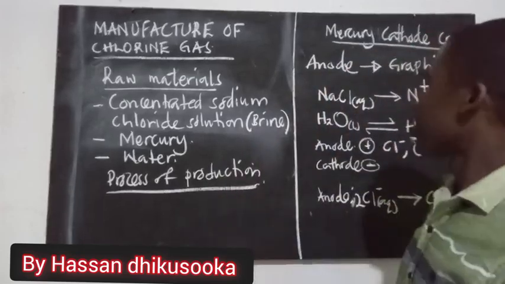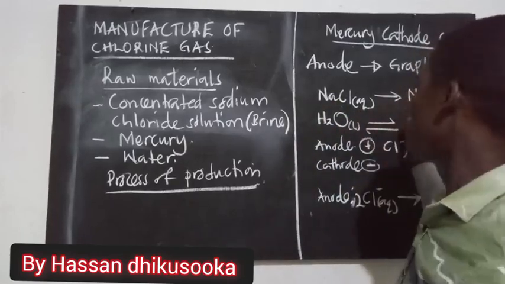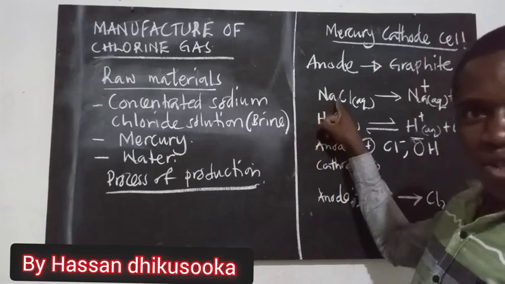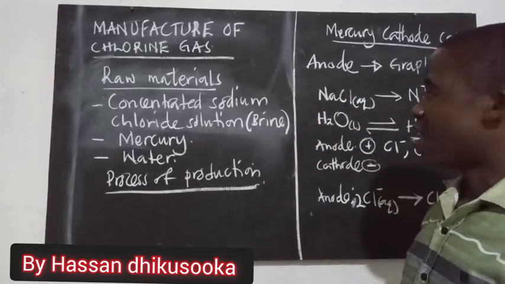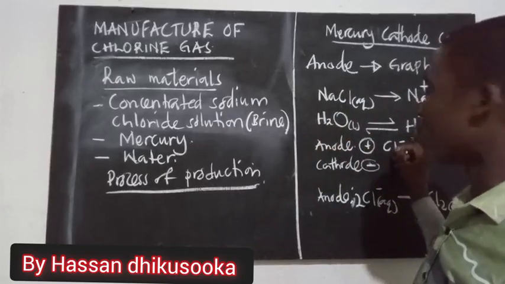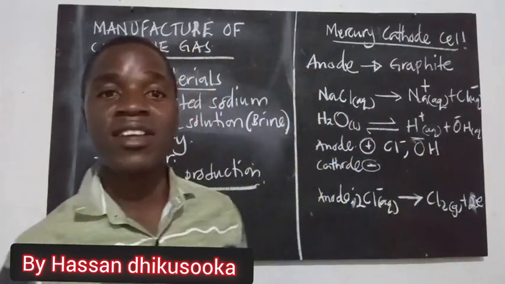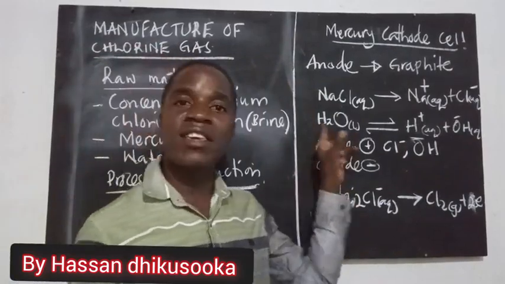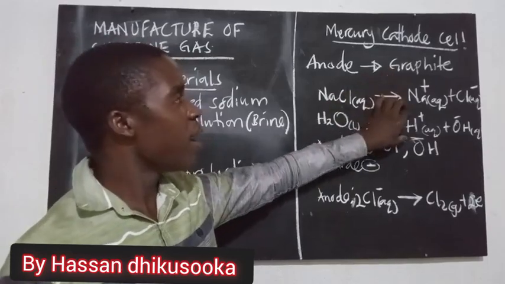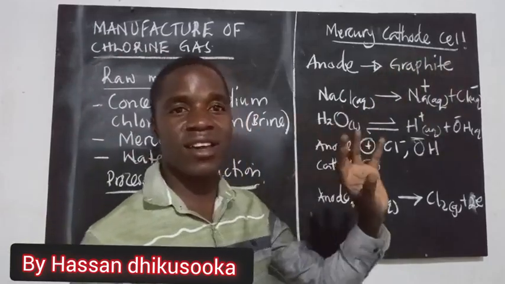During the process, sodium chloride ionizes or dissociates in solution to produce sodium ions and chloride ions according to this equation. Since it is sodium chloride solution, it also has water. Water slightly ionizes in solution to produce hydrogen ions and hydroxide ions because water is a weak electrolyte. So in the solution, you will have sodium ions, hydrogen ions, chloride ions, and hydroxide ions.